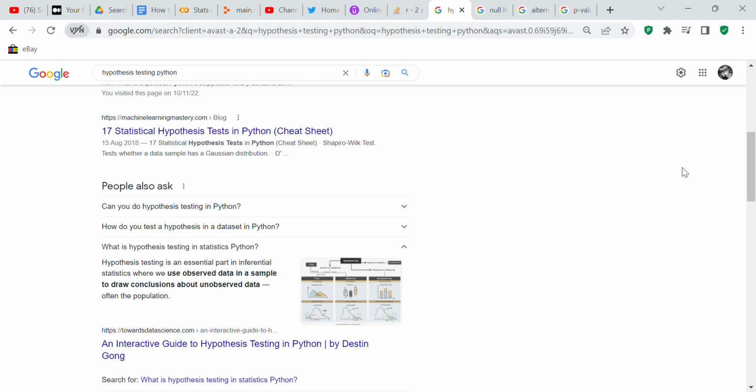So we ask the question, what is hypothesis testing in statistics? Hypothesis testing is an essential part in inferential statistics where we use observed data in a sample to draw conclusions about the unobserved data, often the population. So that is what we mean when we say hypothesis testing.